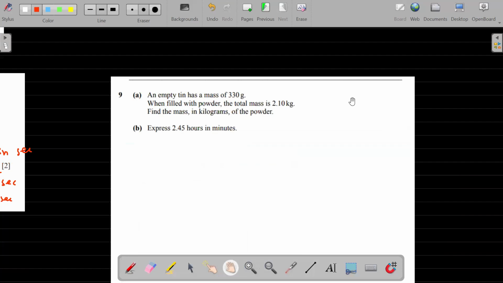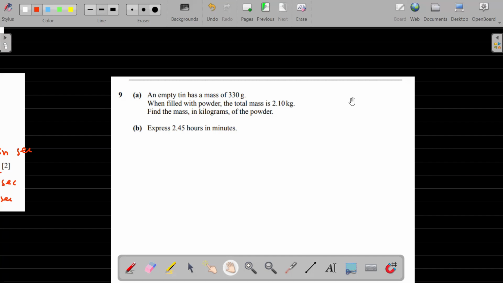All right. An empty tin has a mass of 330 gram. When filled with powder, the total mass is 2.10 kilogram.